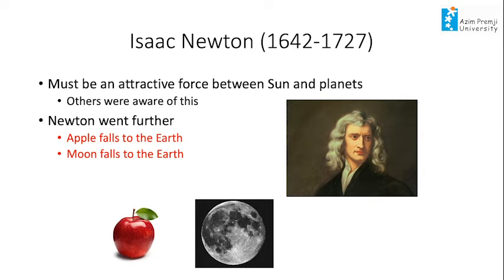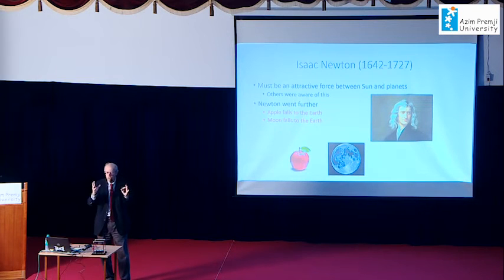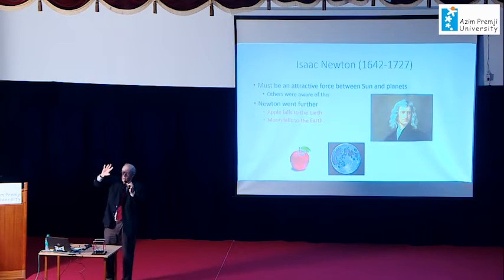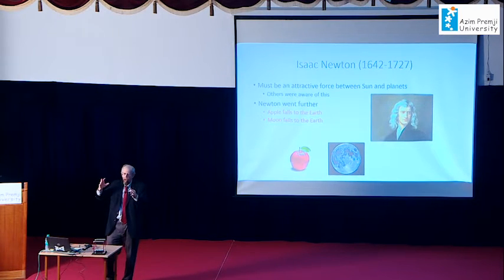Then we have Isaac Newton. Isaac Newton said, building on Galileo, that there must be a force on the planets which hold them in orbit around the sun. And Newton was not the first one. Other people were thinking along the same lines. These planets are all held together somehow.